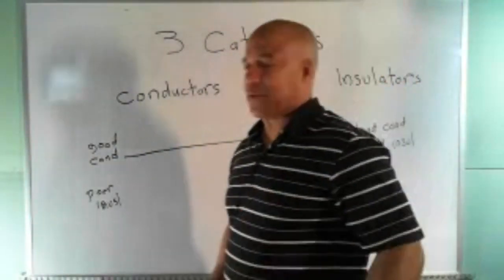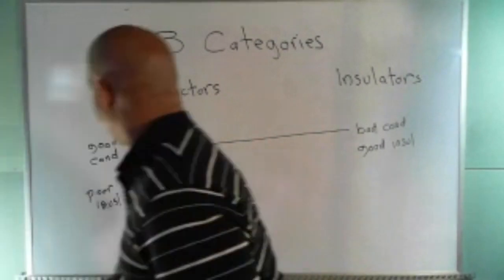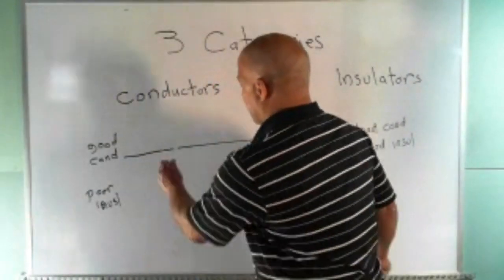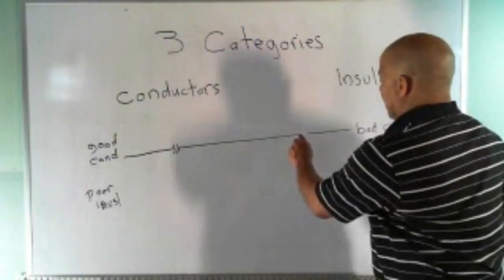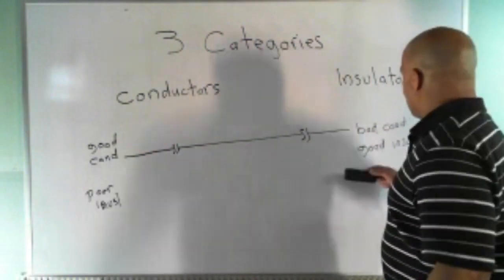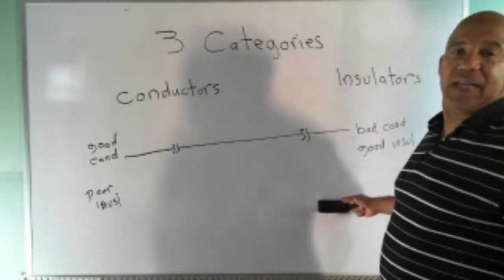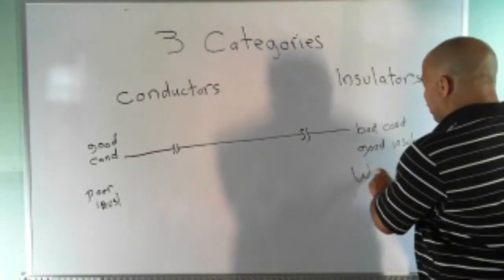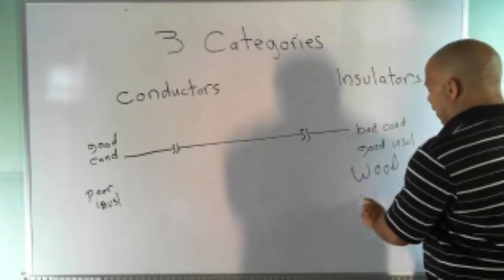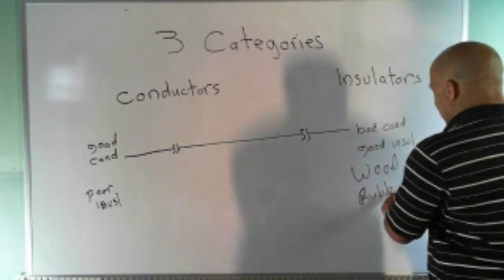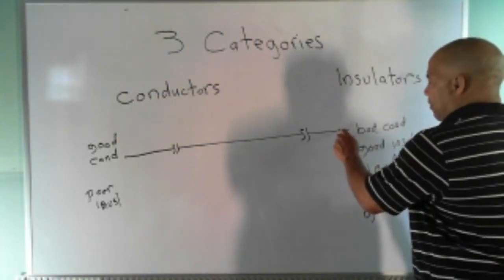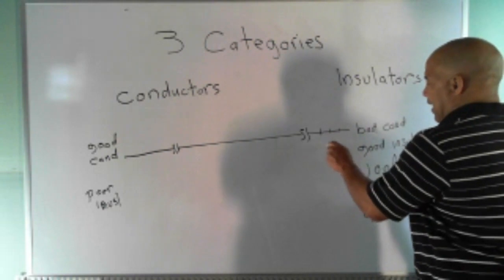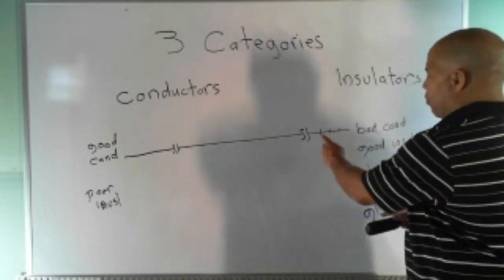And then they do something interesting. They break it here, and they put a little squiggly thing here, and they break it here, and they put a little squiggly thing here. And then over here, they have examples of good insulators. Like they might have wood, they might have rubber, they might have glass, but they have them kind of like in here showing you that one is better than the other.